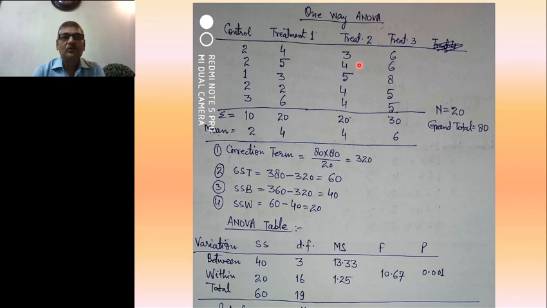Then treatment 2, where some different kind of treatment was there and these values are there. So total 4 columns are there, and here also treatment 3 is shown. Now their total values are given, total of all these columns, and the mean values are also there. That is, the mean value of control is 2, other average values are 4, 4 and 6. Then here the total number of variables is 20, grand total that is 80.